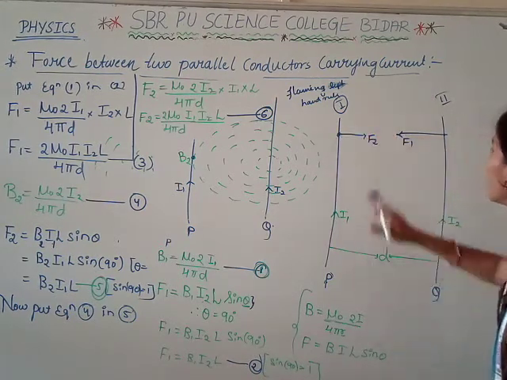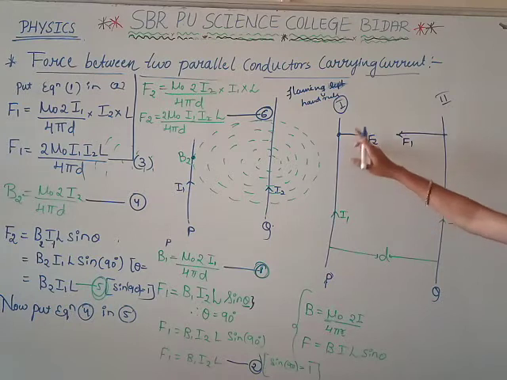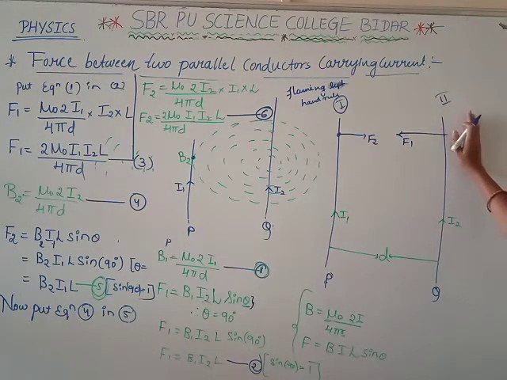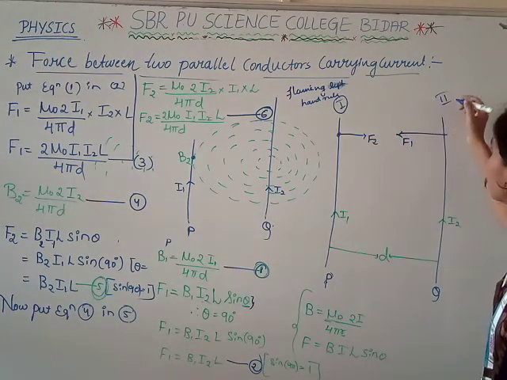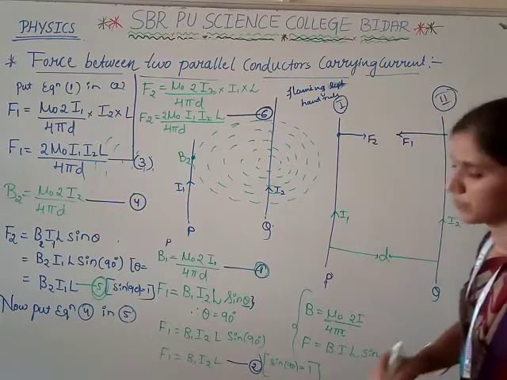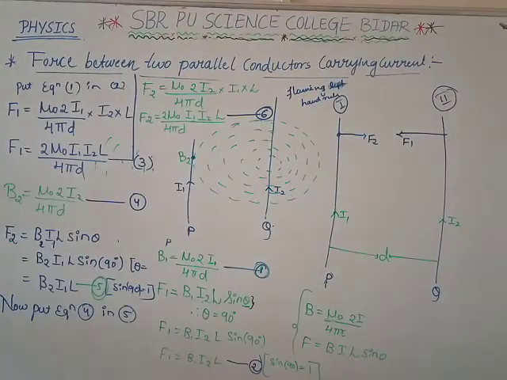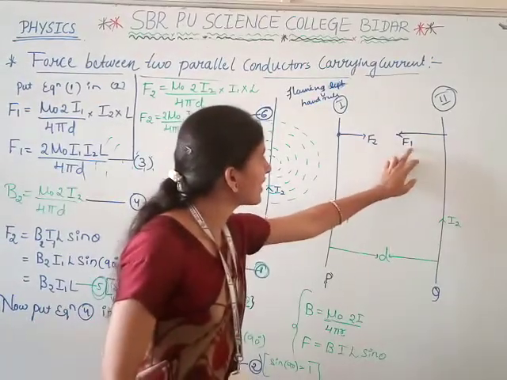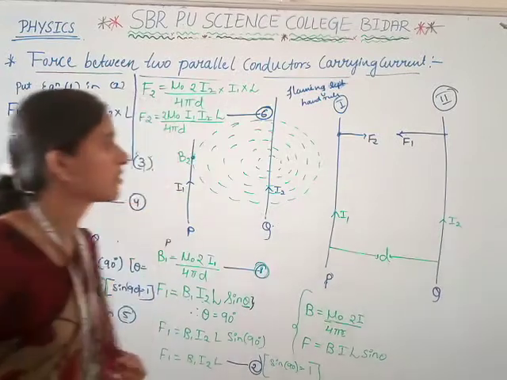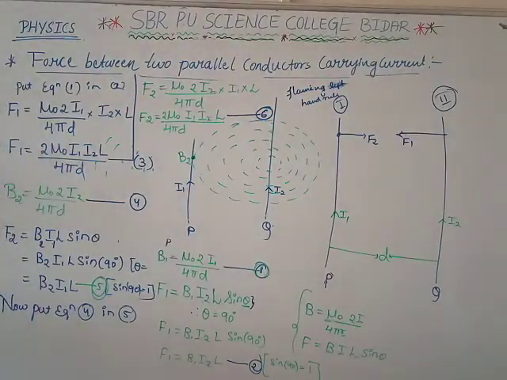This one is the F2 force. That F2 force is directed towards the conductor Q. Now we can say that both forces F1 and F2 are opposite in direction.